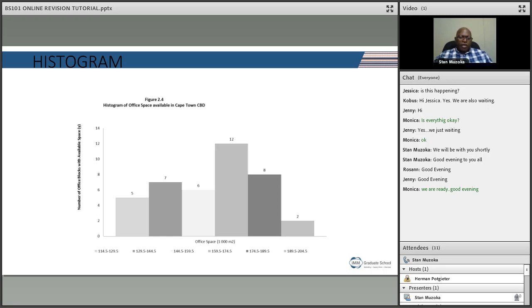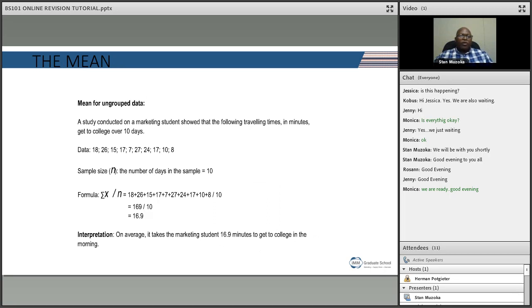Notice that the first office block bar, 114.5 to 129.5, does not start at 0, because 114 is not 0. That is the reason why. So yes, do leave some space there, and that should be well and good.